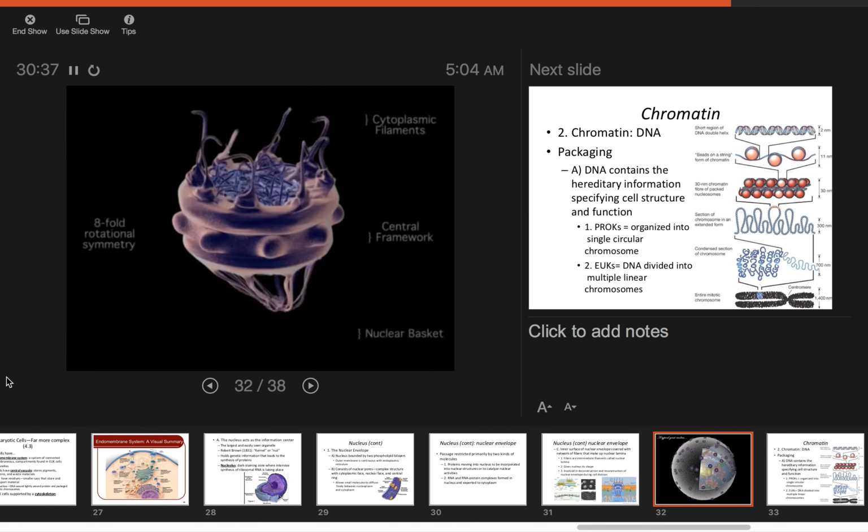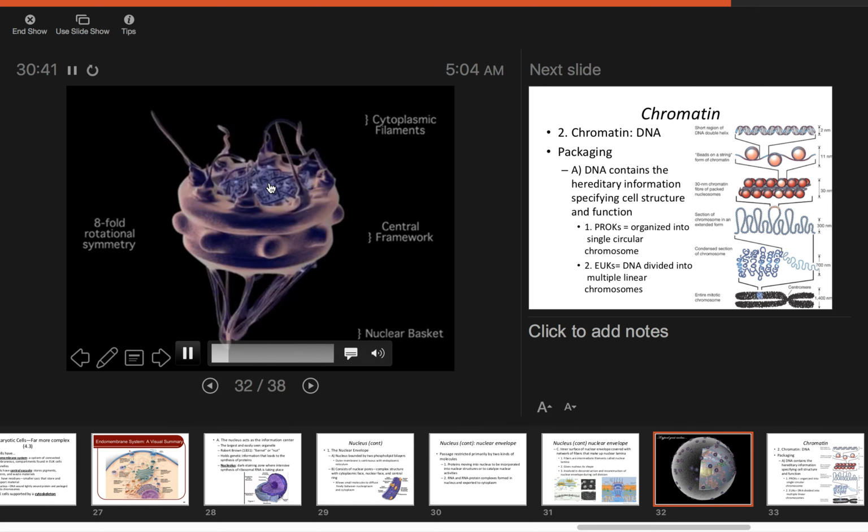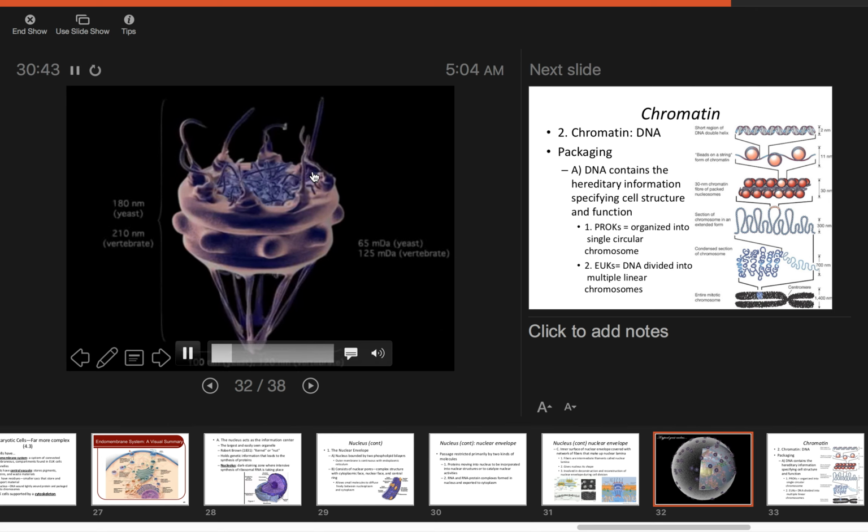So there's the nuclear pore complex. Cytoplasmic filaments, just, I don't know, tentacles.